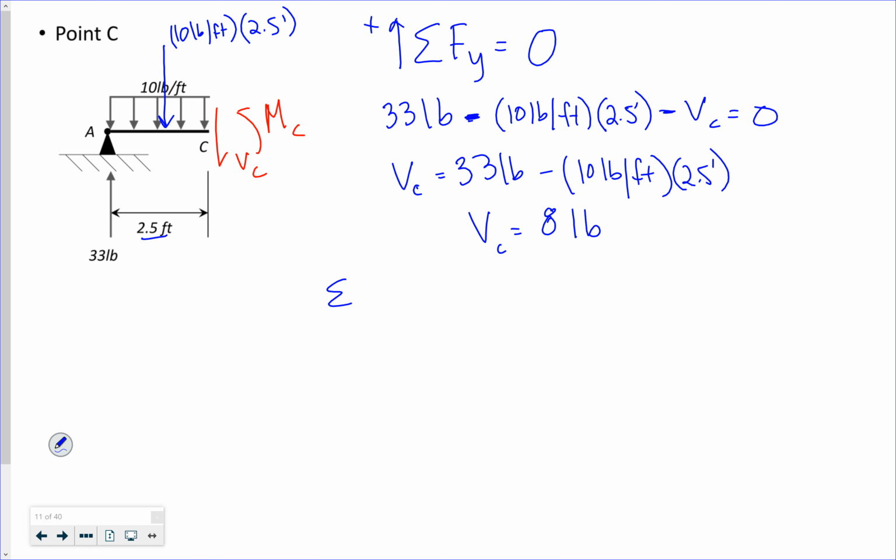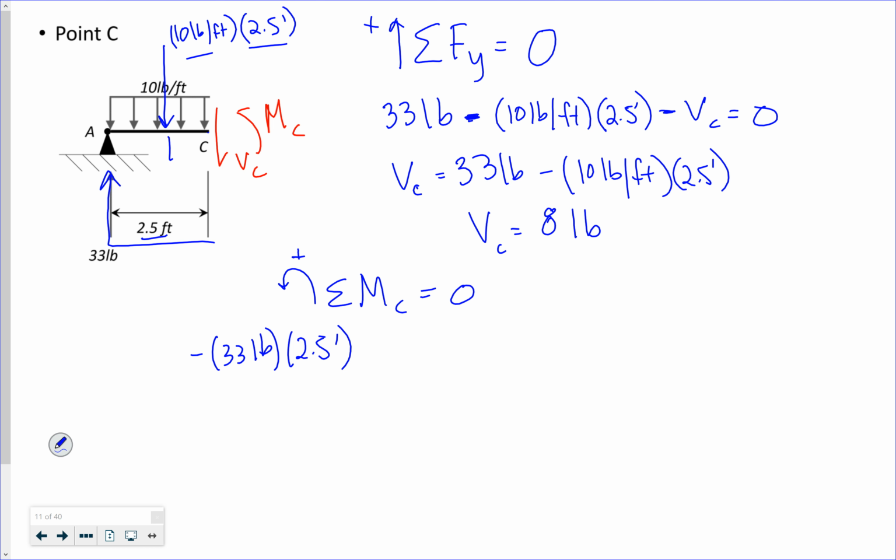If I solve for the moment at C, let's see, I have 2.5 feet, 33 pounds. So that's acting counterclockwise. So 33 pounds times 2.5 feet. I have my resultant of my distributed load, the 10 pounds per foot times 2.5 feet, and it's acting at 2.5 feet over 2.